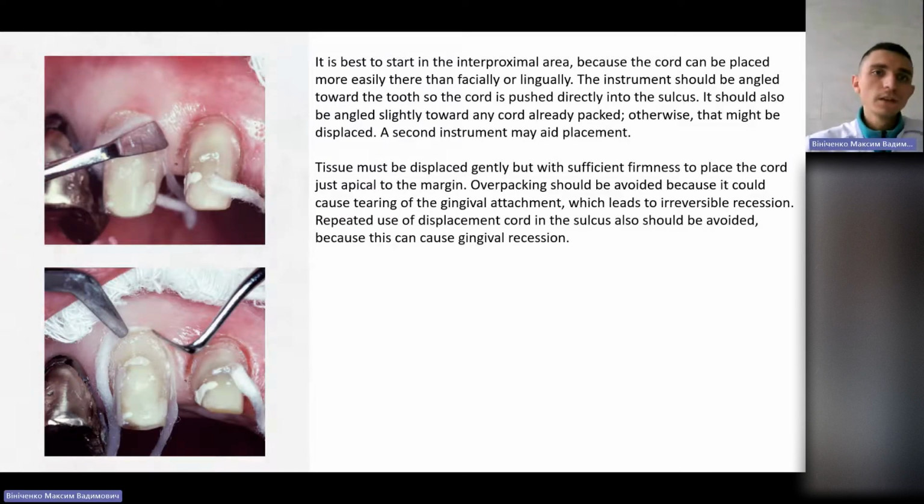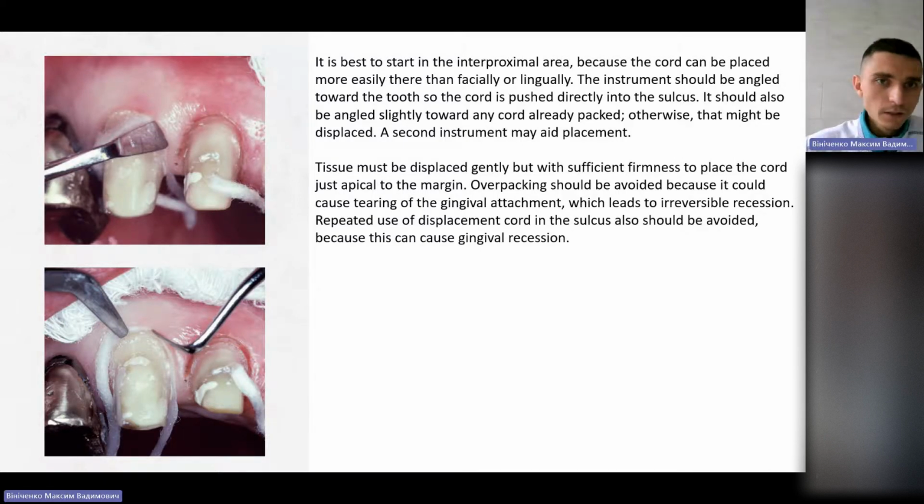It is best to start in the interproximal area because the cord can be placed more easily there than facially or lingually. The instrument should be angled toward the tooth so the cord is pushed directly into the sulcus. It should also be angled slightly toward the cord already packed. Otherwise, that might be displaced.